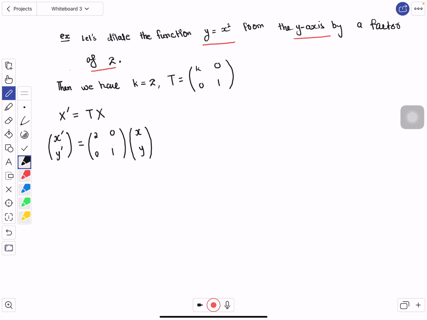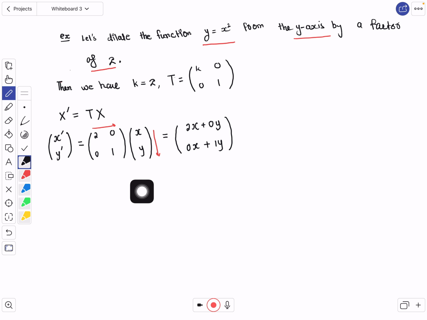And if we expand this, going this way and down, we get 2 times x plus 0 times y, and then 0 times x plus 1 times y.